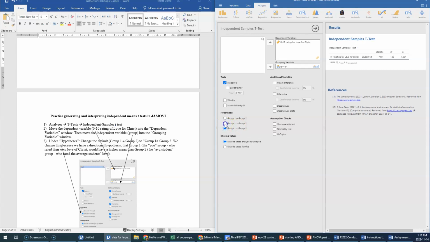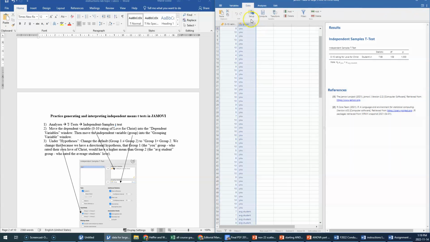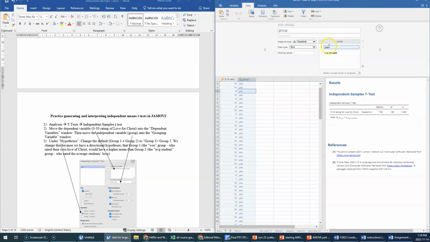And to know which of these two buttons to click, we have to know which is group 1 and which is group 2. We know we have two groups, right? The U group and the average student group, but we need to make sure we know which one is which. The way that you tell is you go back to the variable information window, okay? Whatever group comes first in the levels window is group 1.